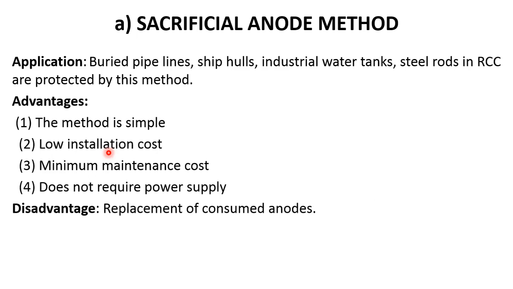Application of the sacrificial anode method: buried pipelines, ship hulls, industrial water tanks, steel rods in RCC, etc. are protected by this method. What are the advantages of the sacrificial anode method? The method is very simple, low installation cost, minimum maintenance cost, and does not require the power supply. Only one disadvantage here is replacement of the consumed anode.